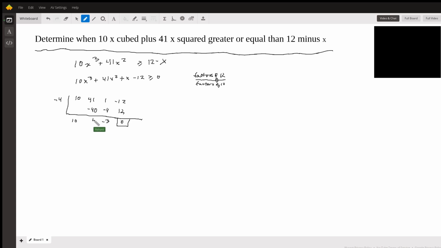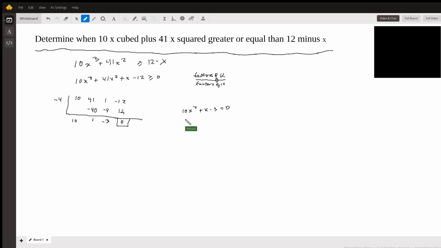Now, what can we do with this? Just think of it as 10x squared plus x minus 3 and set that to 0. You can use the quadratic formula if you don't see how to factor, but this does factor.